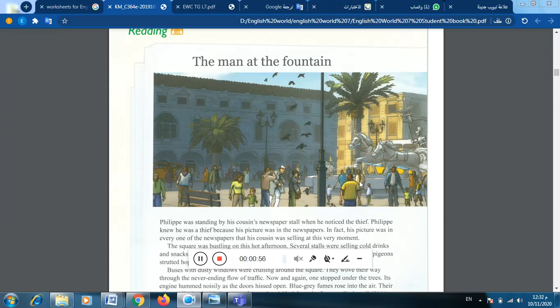What does a fountain mean? A fountain is, as you see, an ornamental structure, okay, in a pool or lake, from which one or more jets of water are pumped away.